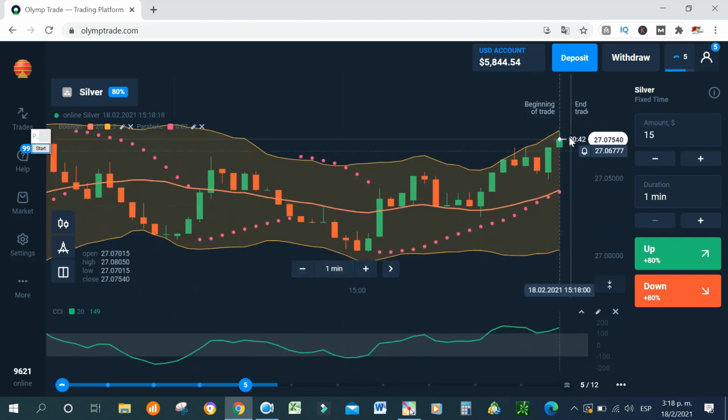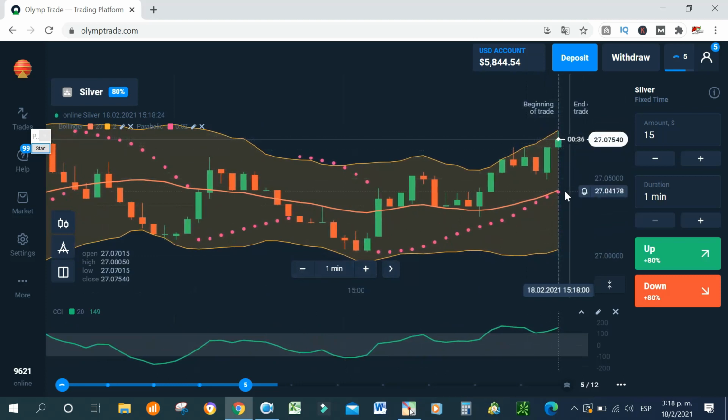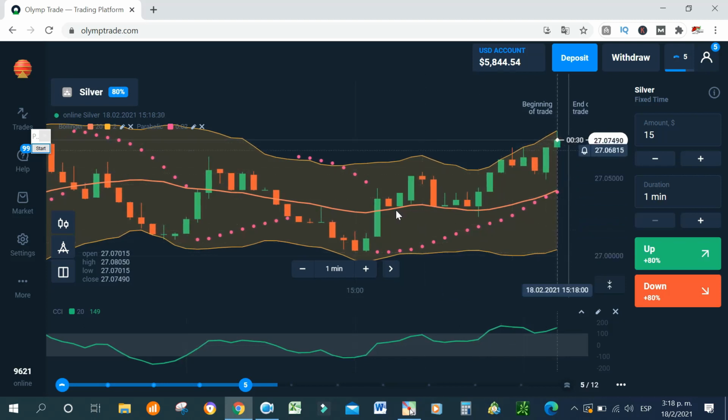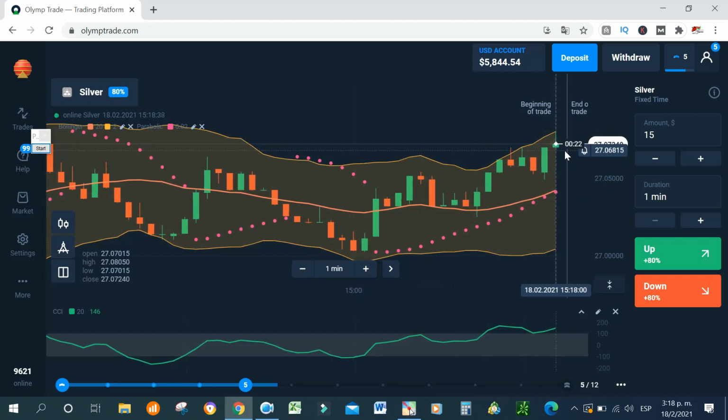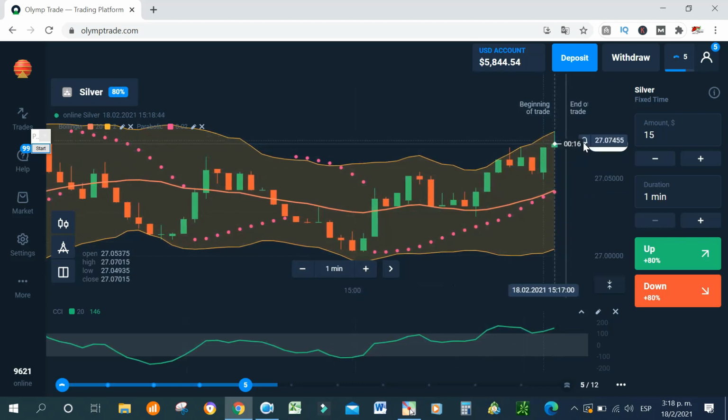So here again we are having rejection, and we have 38 seconds left on this candlestick. So we need to wait for the closing of this candlestick. All right, it's being rejected. It's being rejected means that a lot of sellers are trying to sell here.